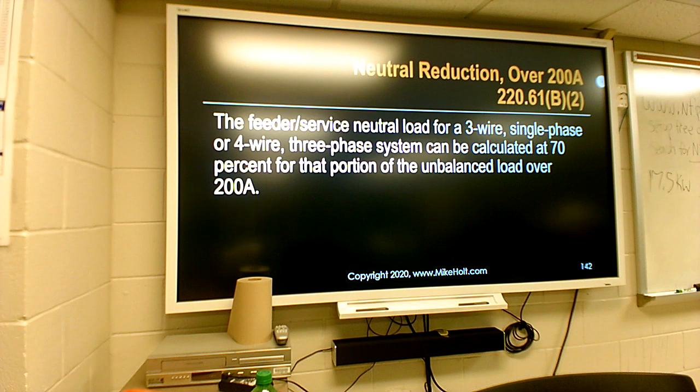A 3-wire single phase has a hot, a neutral, and a ground, right? That's 3-wire single phase, or a 4-wire 3-phase, which would be 3 hots and a ground.